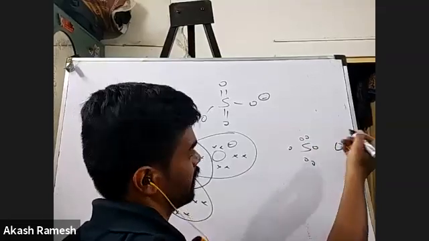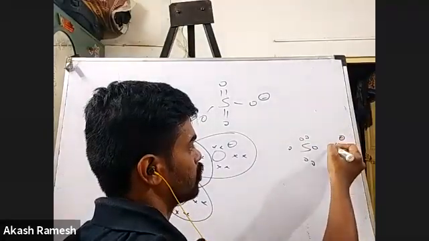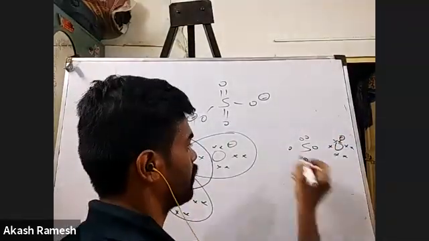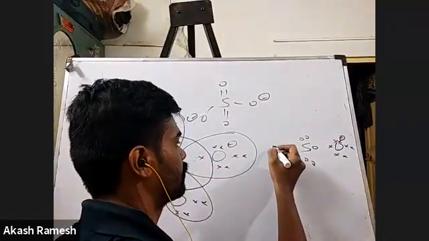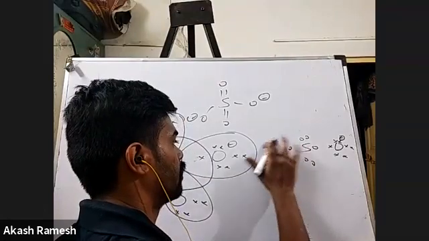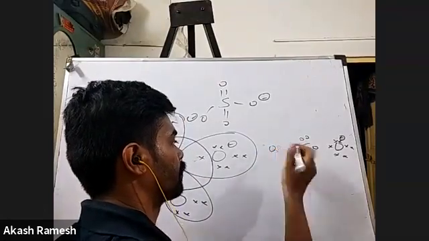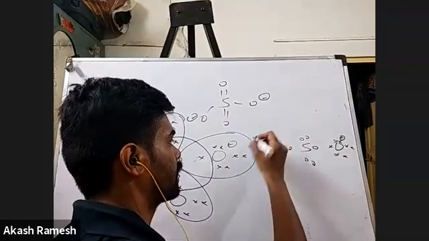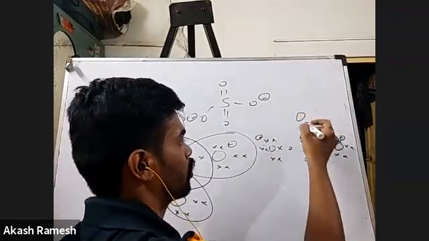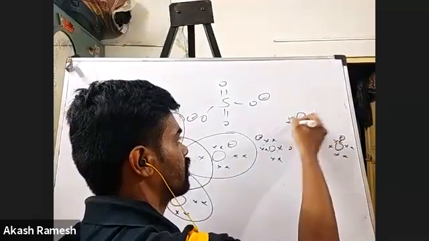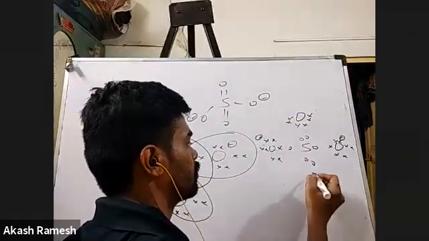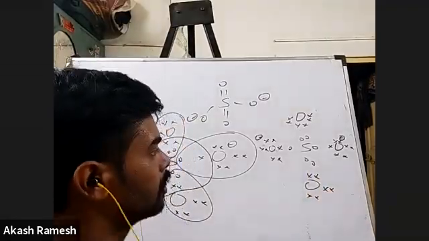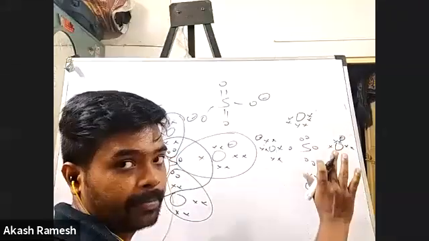The oxygen atom with a minus charge has 7, 1, 2, 3, 4, 5, 6, 7. Same way, this oxygen atom with a negative charge has 7, and 2 oxygen atoms are going to have 6 valence electrons. Okay, done.